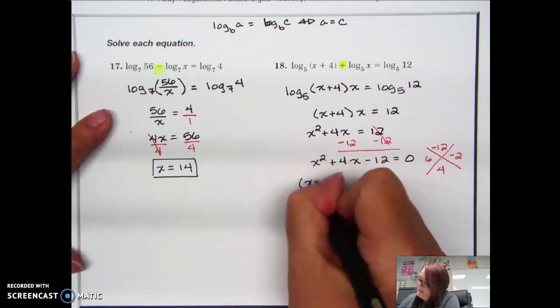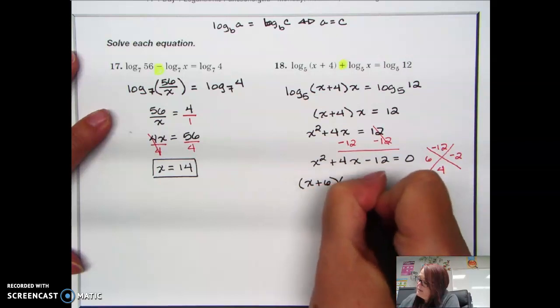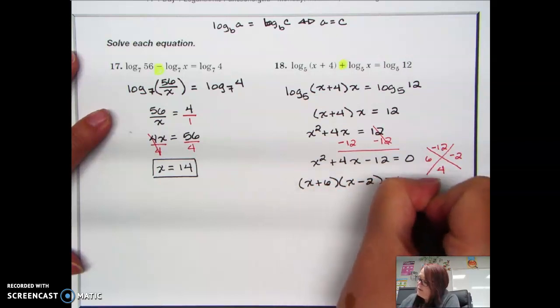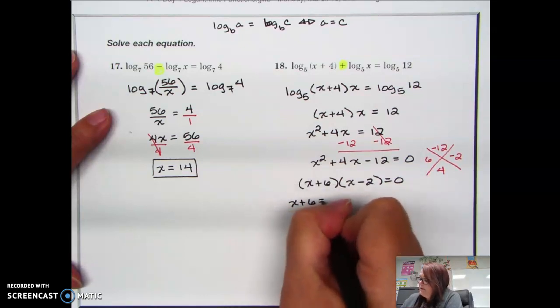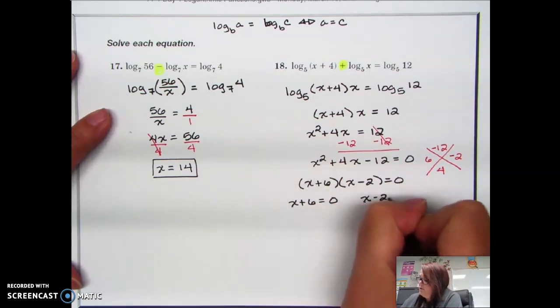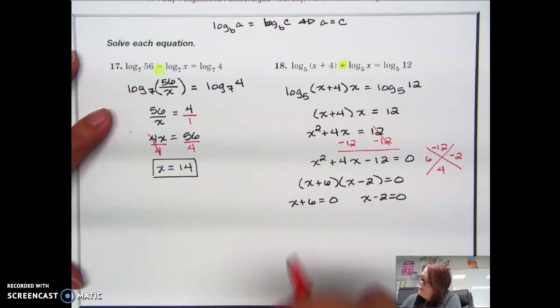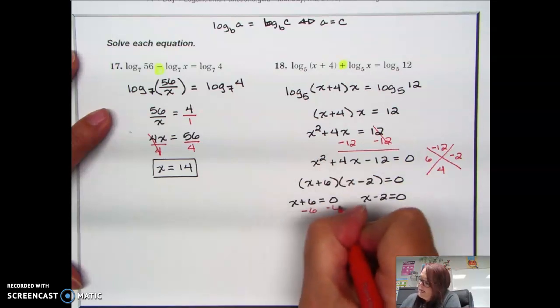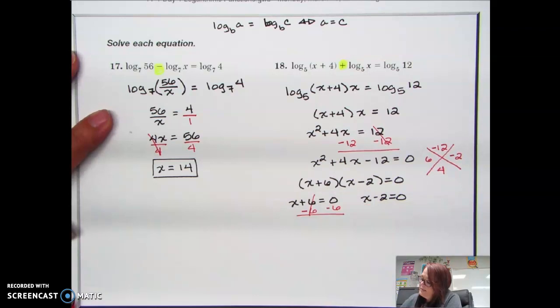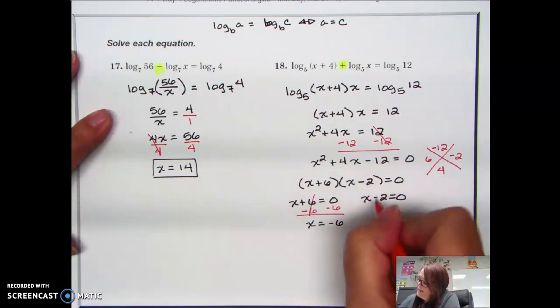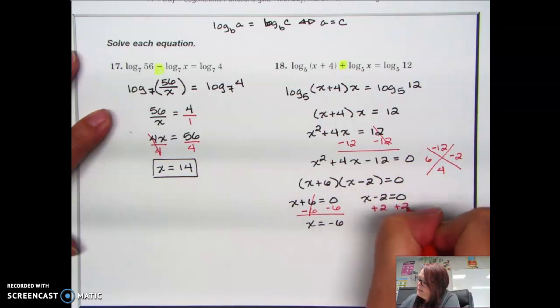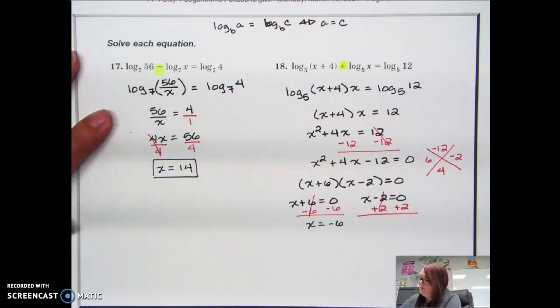So this would be x plus 6 times x minus 2 is equal to 0. That means either x plus 6 is equal to 0 or x minus 2 is equal to 0. If we subtract 6 from both sides, we have x is equal to negative 6. And if we add 2 to both sides, we have x is equal to positive 2.